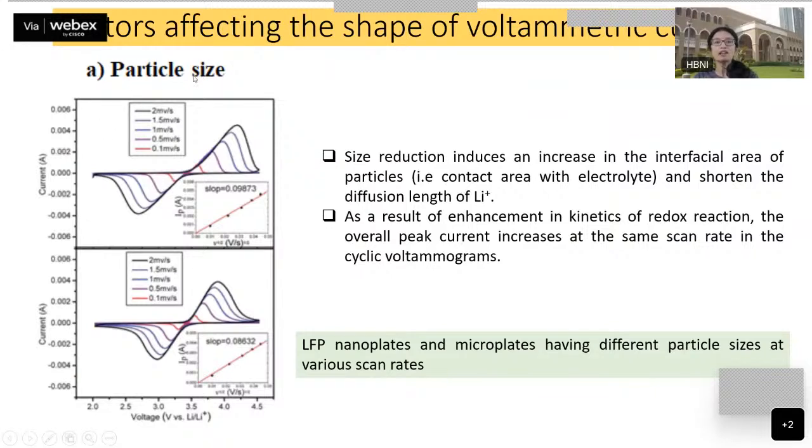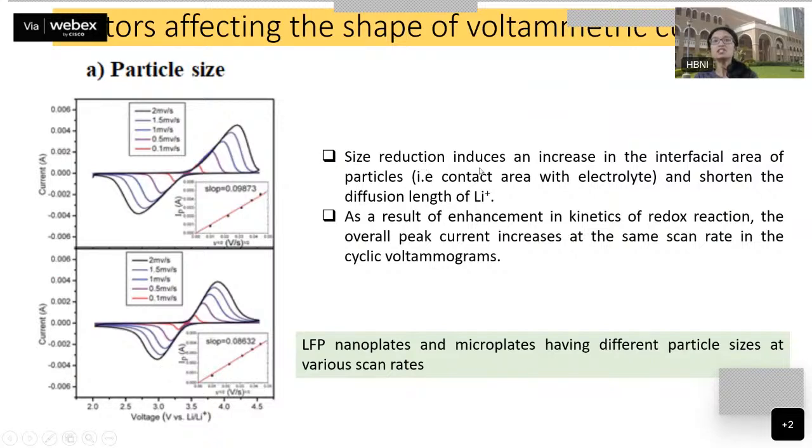So one of them is the particle size. Suppose I am plotting LiFePO4 nanoplates. So I am using electrode material LiFePO4 nanoplates and microplates. The nanoplates you will find give a higher current compared to that of the microplates. Why?